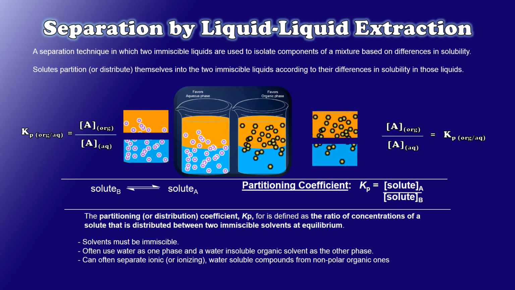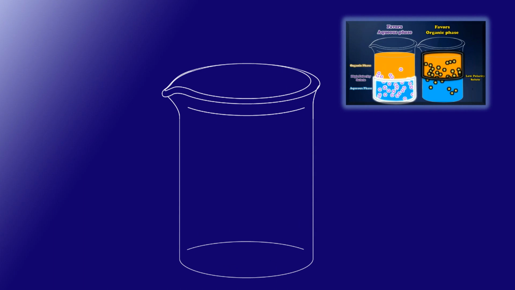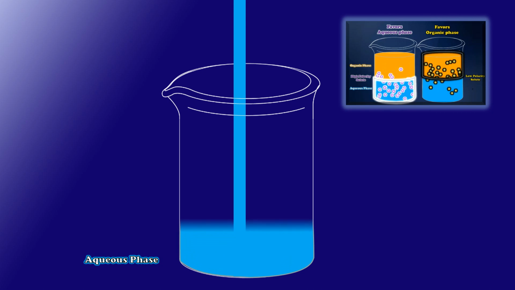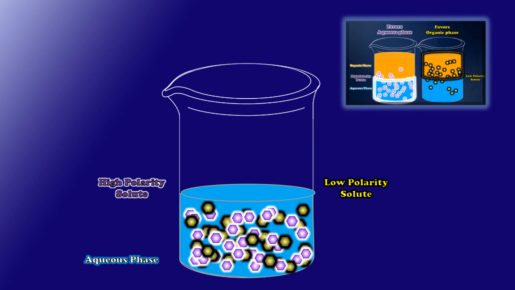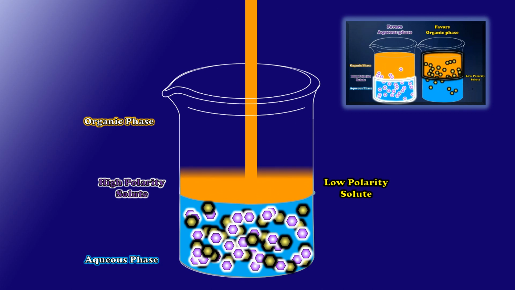In other words, the more different the partitioning coefficients are, the more easily I can separate one compound from another, because they're behaving differently. So if I have a mixture of my low polarity and high polarity compounds and I want to separate them from one another in space, I can take an aqueous phase solution of the two and add an organic phase.